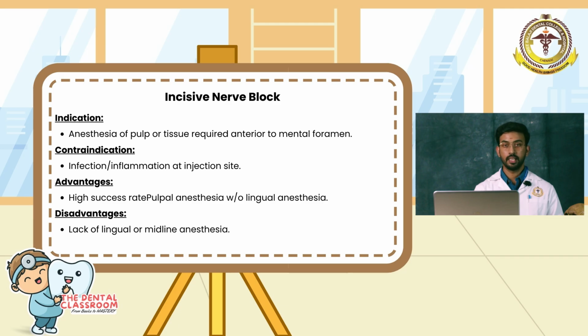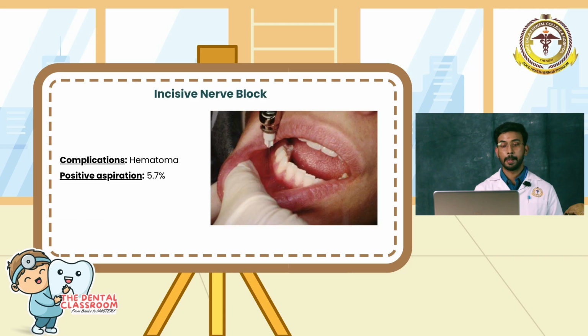As usual, the contraindication is infection or inflammation at the site of injection. It has a higher success rate and gives pulpal anesthesia without lingual anesthesia, the disadvantage being the requirement for additional lingual anesthesia when this is opted. The positive aspiration rate is 5.7%. Again, the complication is rare chance of hematoma formation.